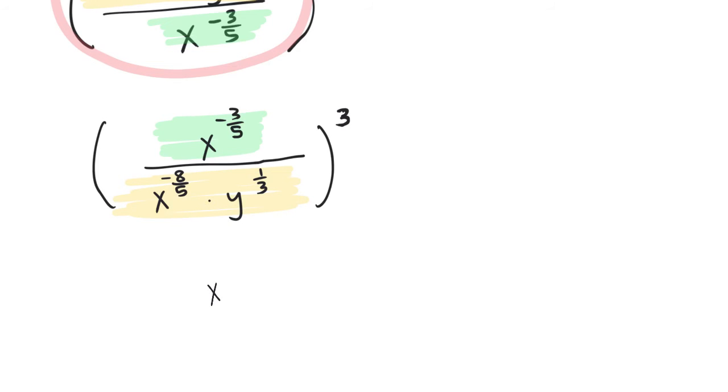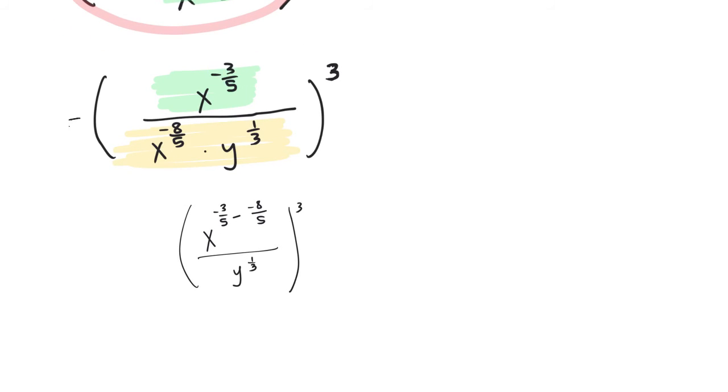I have that x to the negative 3/5, and I'm going to subtract the exponent from the denominator for my x. My y is going to stay where it is. It's got a positive exponent, and so it's just going to stay down there. Now I'm going to simplify that, and so I would have x to the negative 3/5 minus a negative, which would be x to the negative 3/5 plus 8/5.